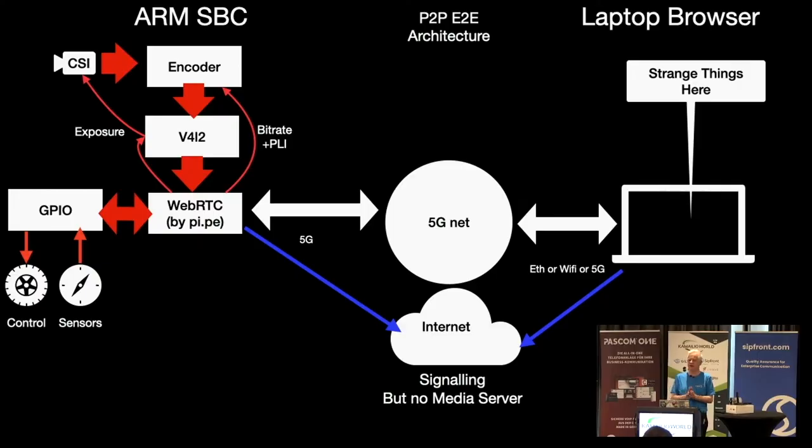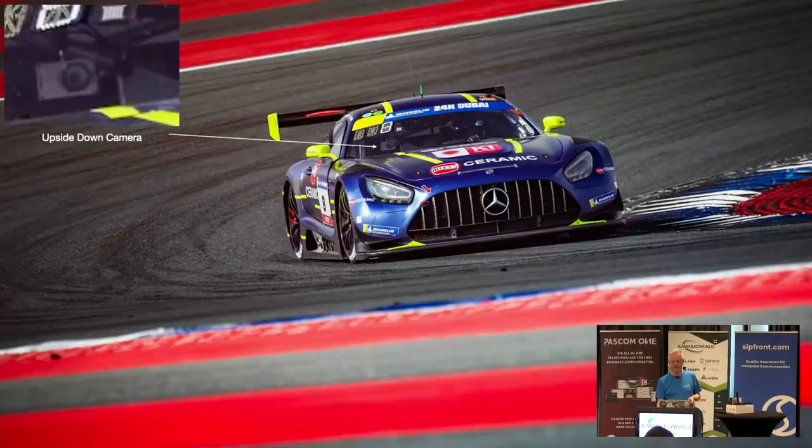We're trying to keep that peer-to-peer link for latency reasons, and also privacy and cost. So anything we have to do has to be at one end or the other. Today's talk is about the strange things we've done in the laptop browser to work around the fact that we don't have a media server.